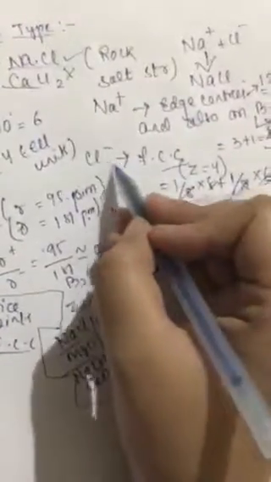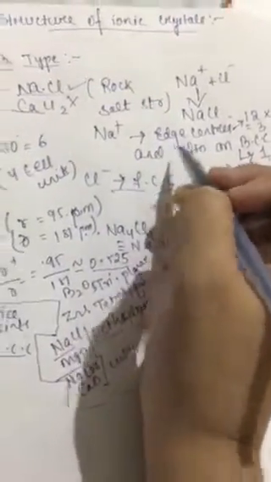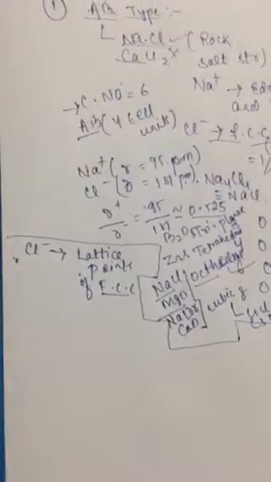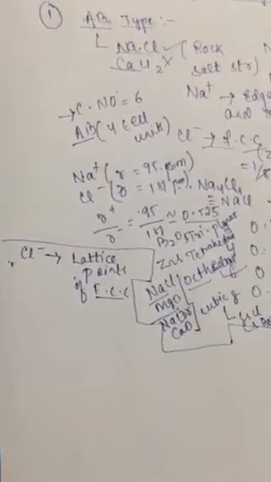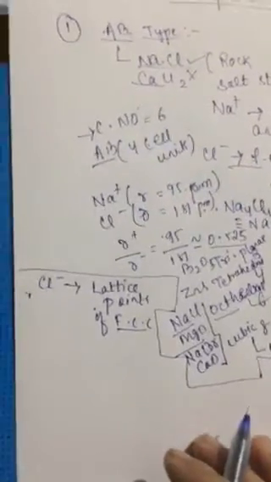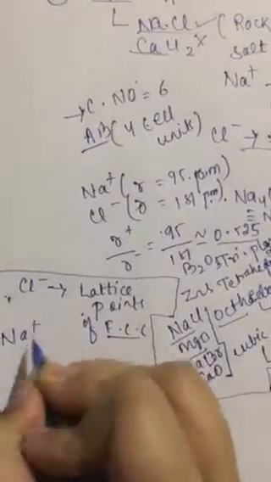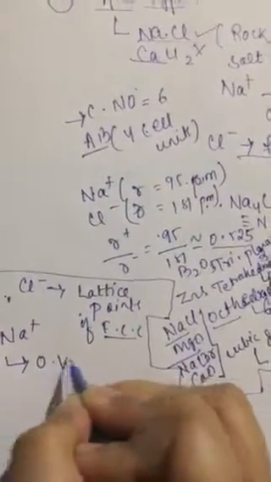Why face-centered? Because the Cl minus ion is present at the face-centered positions, and Na plus at the edge centers and also on the body center. So the lattice points of Cl minus are those of FCC. In the FCC structure, Na plus occupies the octahedral voids.